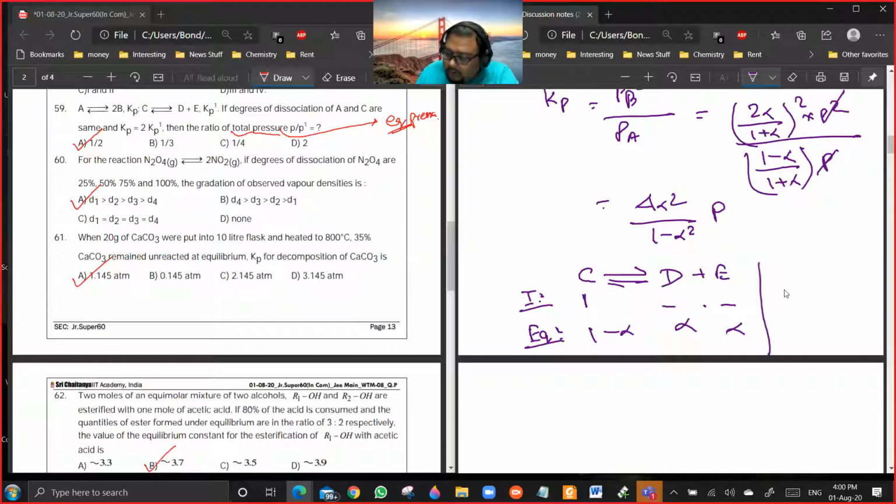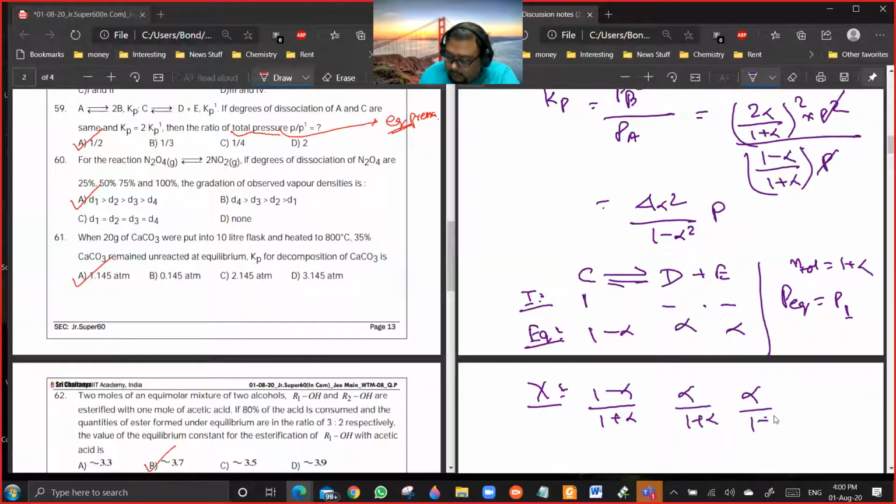In this case, P equilibrium is equal to P1. What is the N total? N total will be 1 plus alpha again. So the mole fractions are 1 minus alpha by 1 plus alpha, alpha by 1 plus alpha, and alpha by 1 plus alpha.